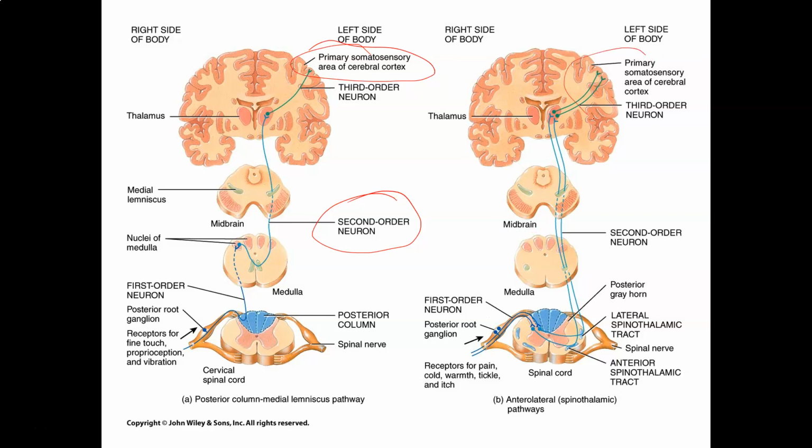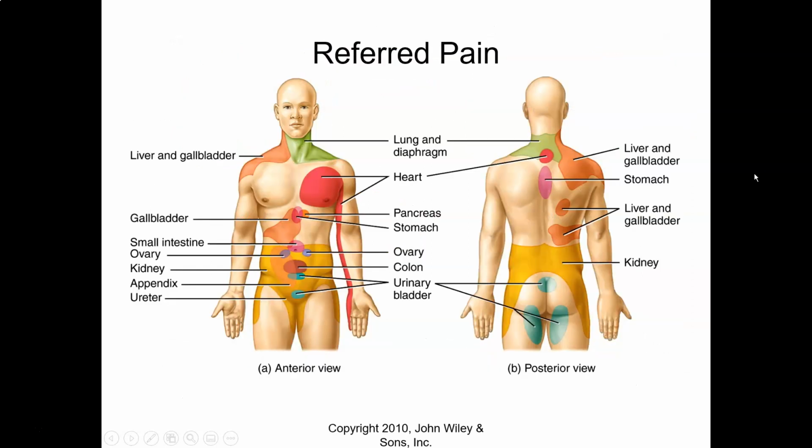This theory is to try to help explain what we call referred pain, where in many cases pain coming from your viscera, say from your heart or from your kidney, those nerve impulses don't have their own area of the cortex where you'll say, oh, my pancreas hurts, or oh, my kidney feels funny. Instead, the theory is that those pain impulses go to the somatosensory cortex and then are perceived as somatic pain.